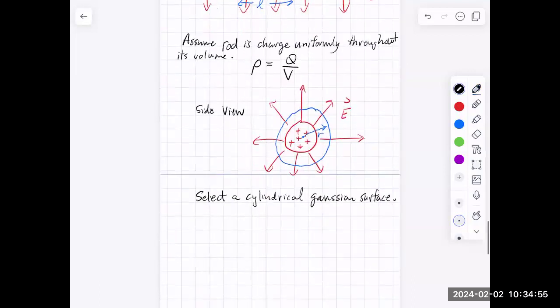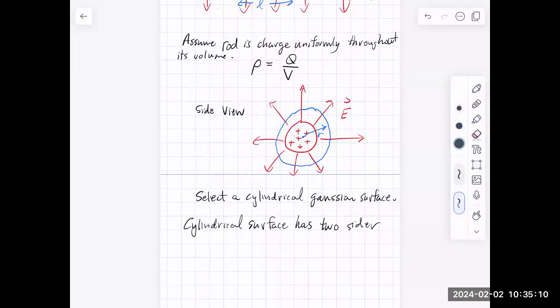So our cylindrical surface has two side areas and a curved surface.